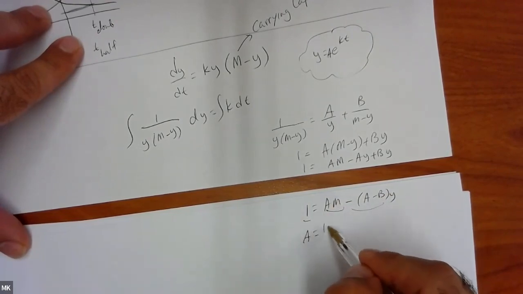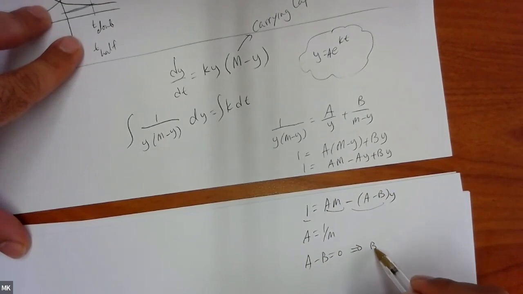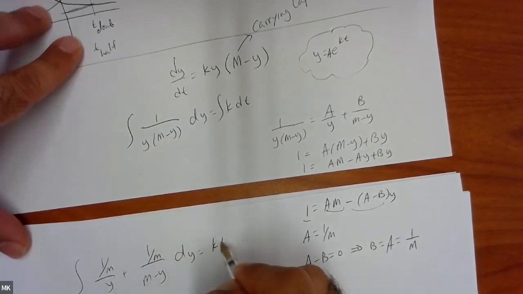So a is equal to 1 over m because am has to be 1, and b minus a has to be 0, which means b is equal to a is equal to 1 over m. So the left-hand side becomes the integral of (1 over m y plus 1 over m(m minus y)) dy is equal to kt plus c.